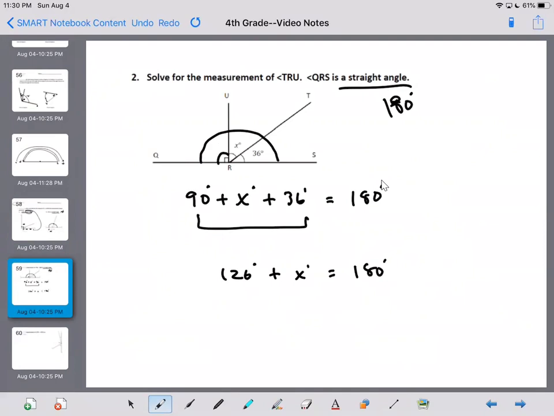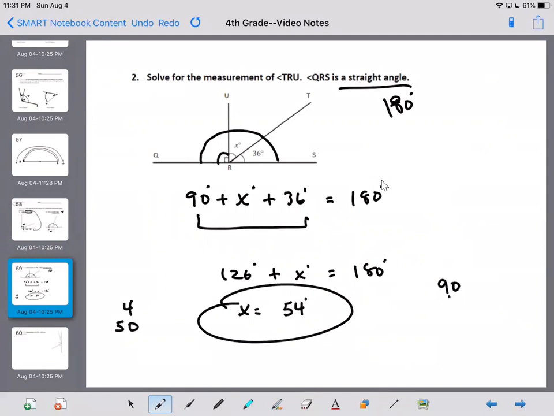And so with 126, if I add up, I'm at 4 gets me to 130, and then 50 gives me to 180. So X would have to be 54. So that would just say that 90 plus 54 plus 36, all of that should add to 180 degrees, which is the straight angle.